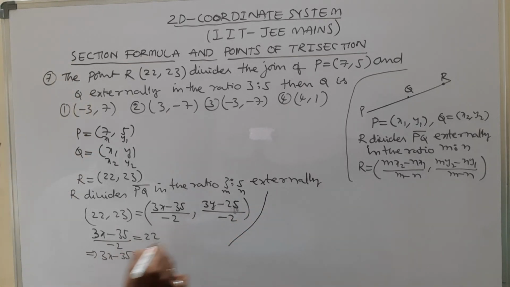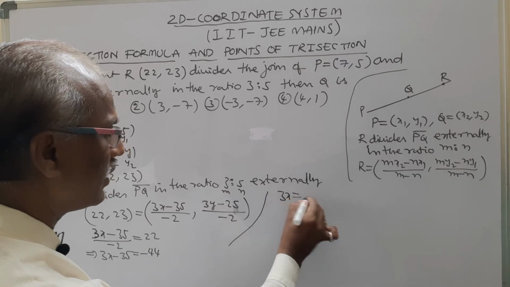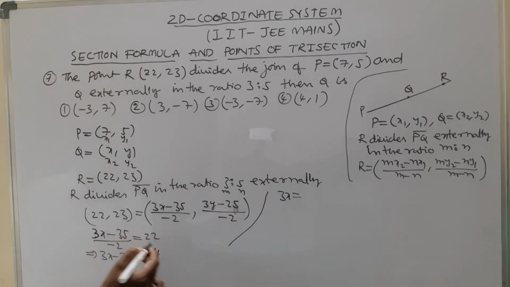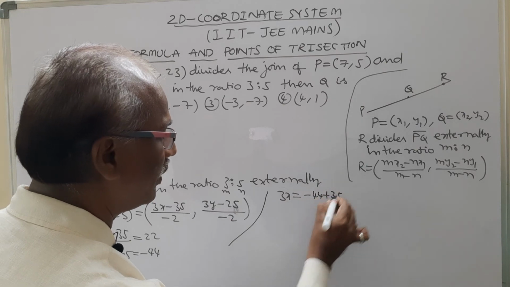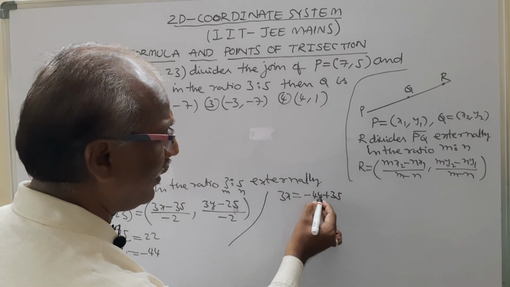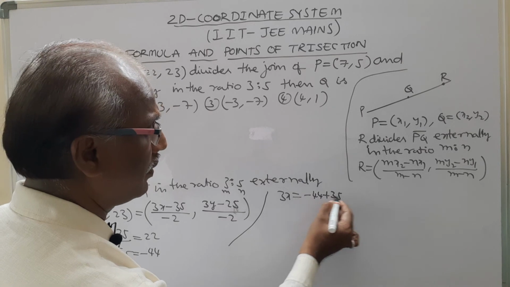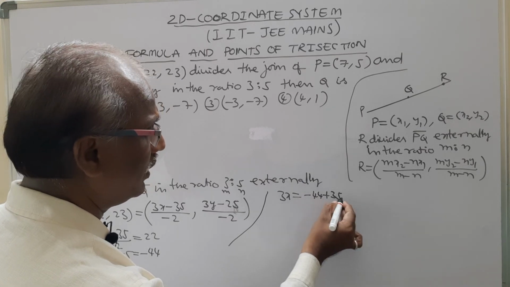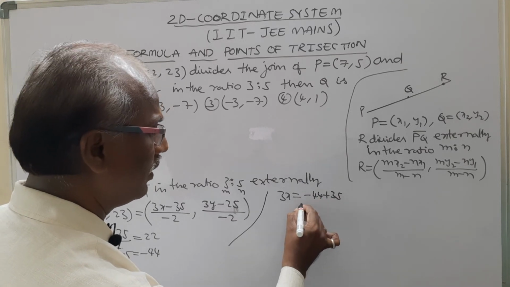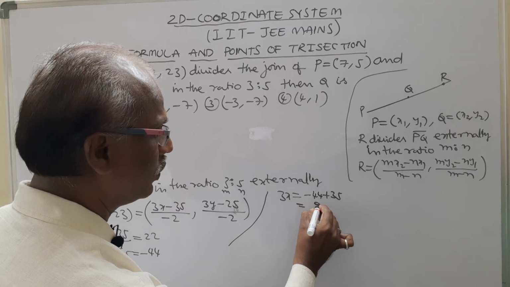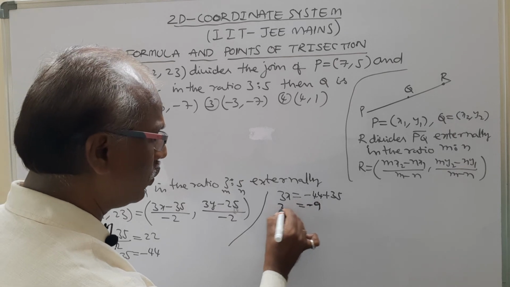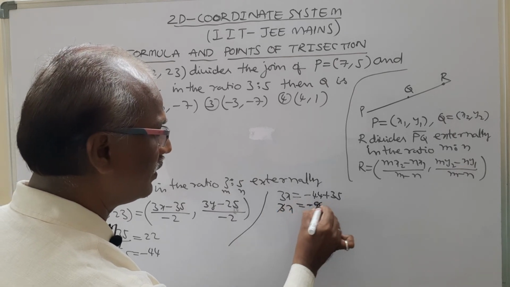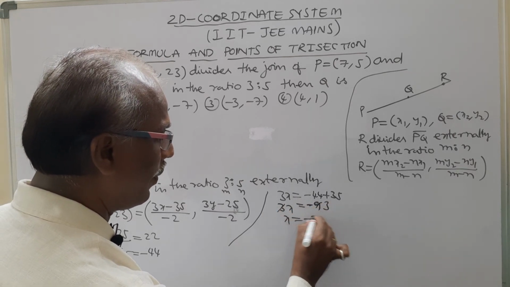Here 3x equals minus 44 plus 35, since minus 35 becomes plus 35. Subtract: 44 minus 35 is 9, so 3x equals minus 9, 3 ones 3, 3 threes 9, x equals minus 3.